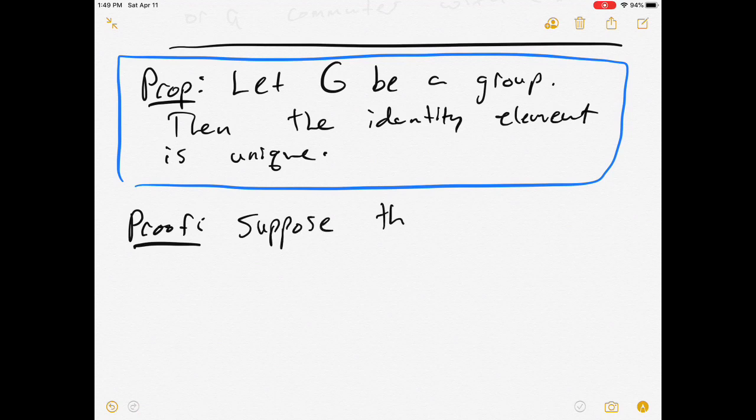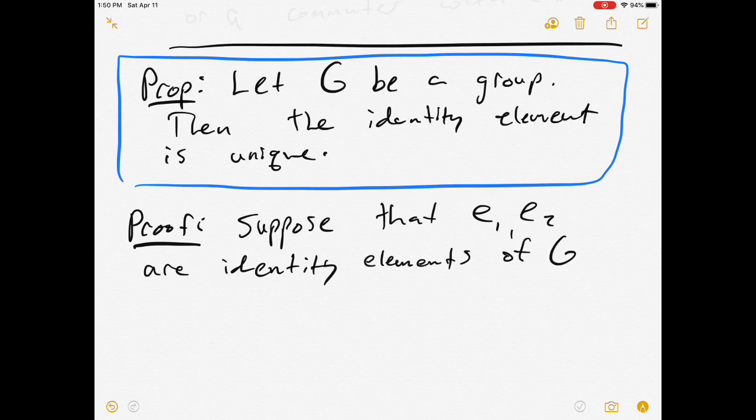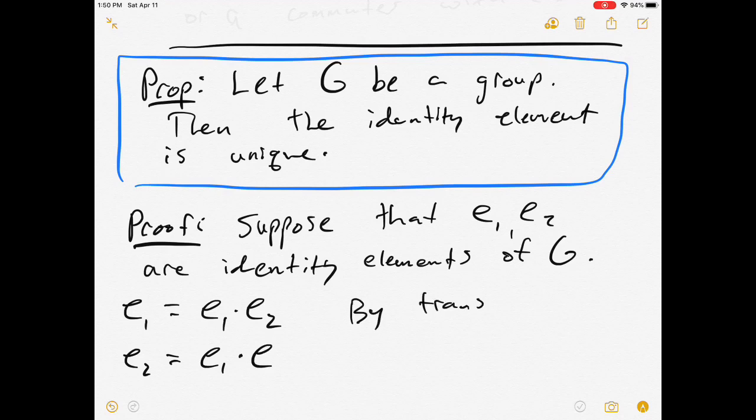Suppose that E1 and E2 are identity elements. Because they're identity elements, we have that E1 is equal to E1 times E2. But also we have that E2 is equal to E1 times E2. And by transitivity, we have that E1 is equal to E2.